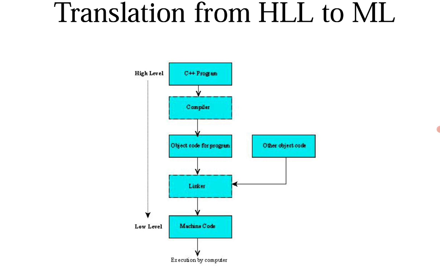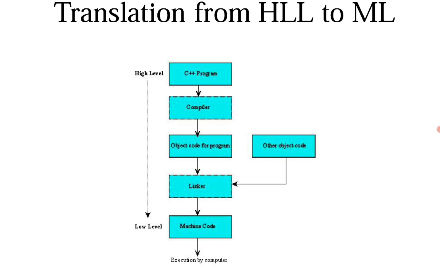First of all, we write some program or code in any high level programming language like C++ by using editors. They are called editors or IDEs. IDE means integrated development environment, using editors or software or Notepad like that.